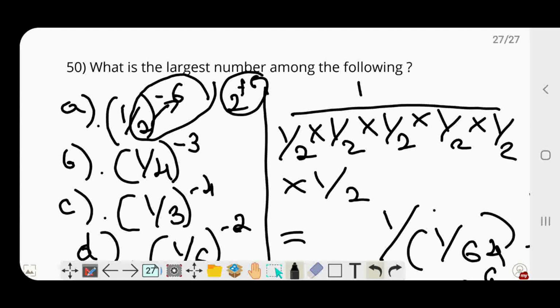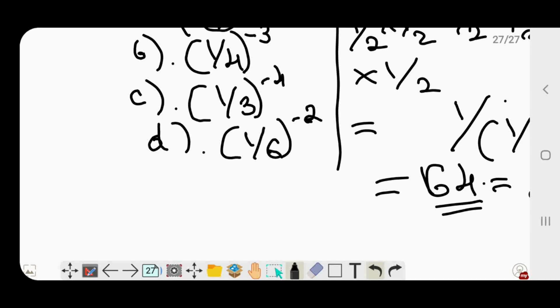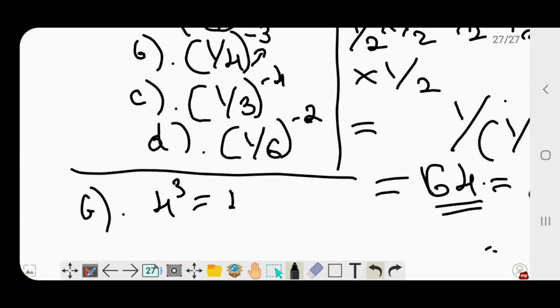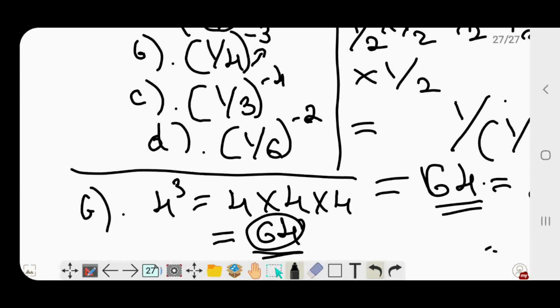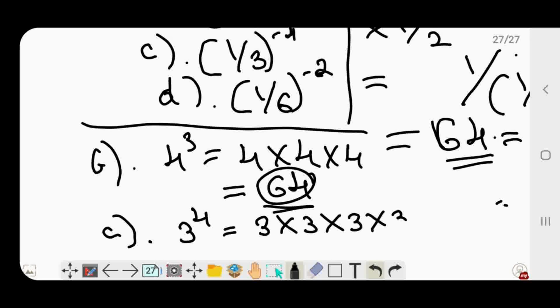Okay. So many of you guys already know it. But anyways, I'm just explaining for the sake of it. So option B would be 4 to the power 3, which is equivalent to 4 into 4 into 4, which is nothing but 64. So A is equal to B. Option C, in fact, would be 3 to the power 4, which is 3 into 3 into 3 into 3, which is 81.